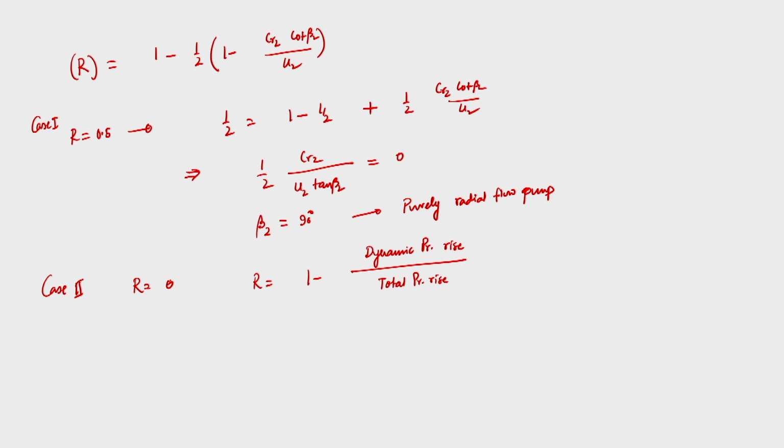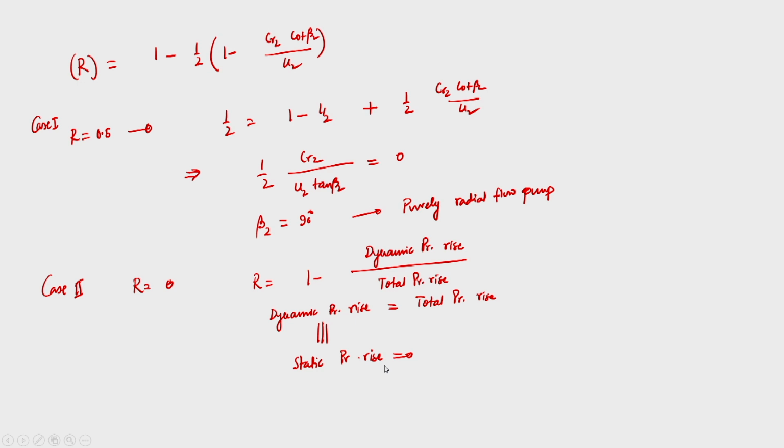Now, if R is equal to 0, then dynamic pressure rise will be equal to total pressure rise. This indicates that static pressure rise is 0.